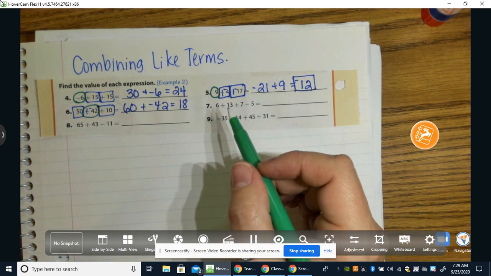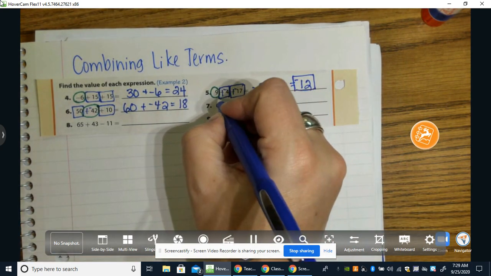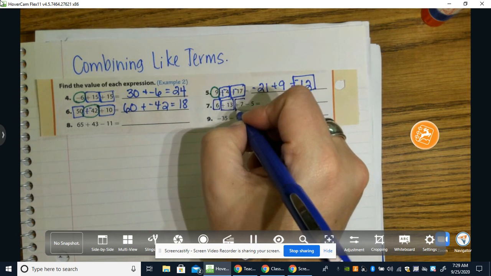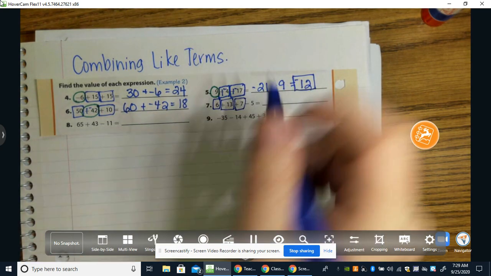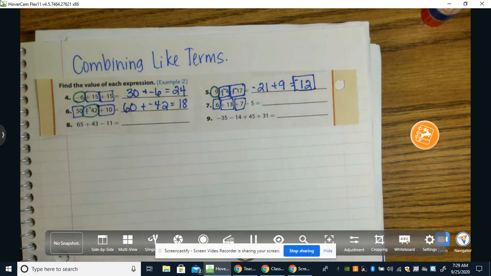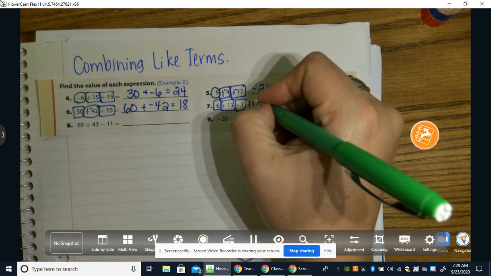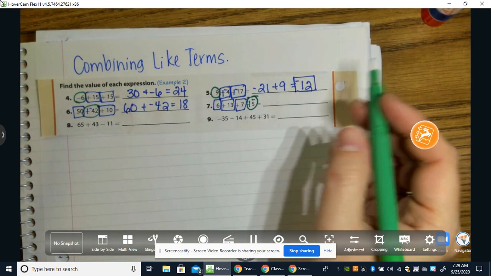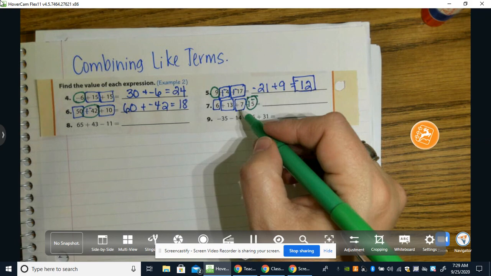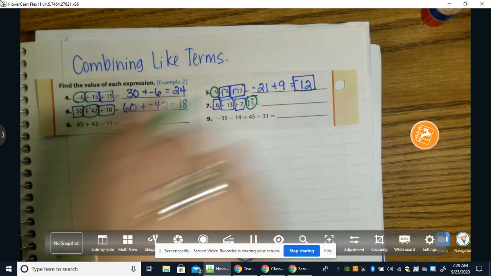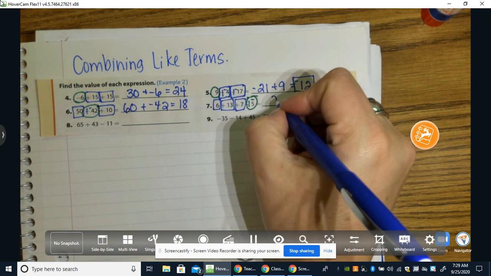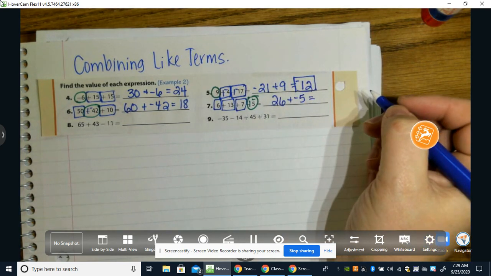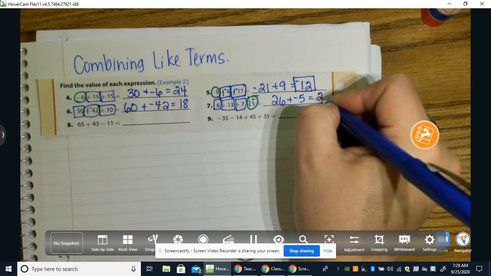Looking here at number 7, I have a 6, that's a positive, 13, that's a positive, 17, that's a positive, minus 5 would be like plus a -5. So that's what's going to be different. So 6 plus 7 is 13. 13 plus 13 is 26. So then I have 26 plus a -5. Different signs, so subtract, so I'm left with 21.